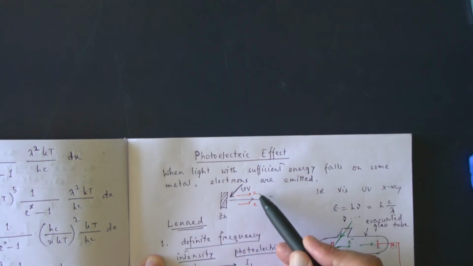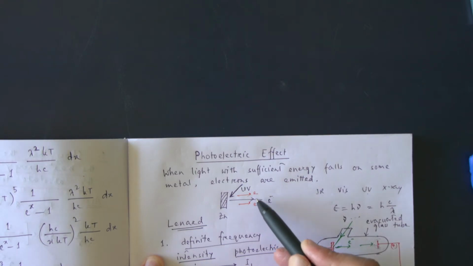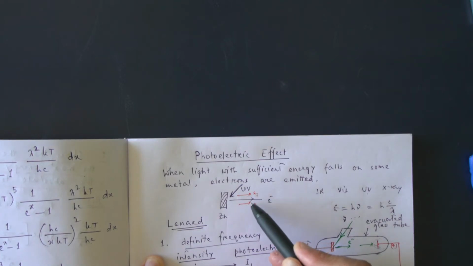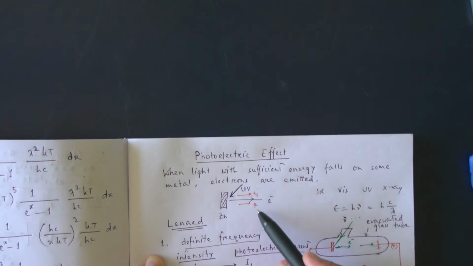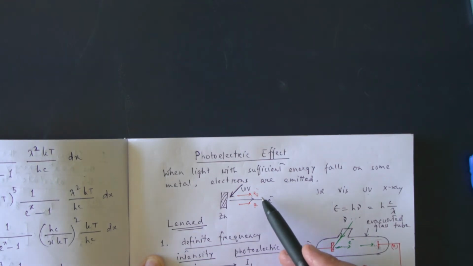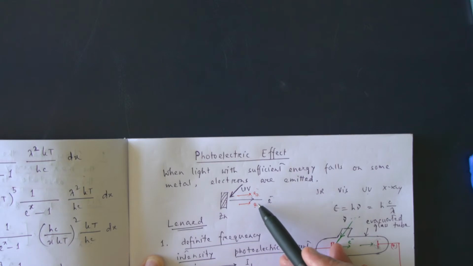Now it is not that all the electrons will have the same kinetic energy. The kinetic energy of all electrons is not the same. Some electrons have more kinetic energy, some have less. Not all the electrons have the same kinetic energy.